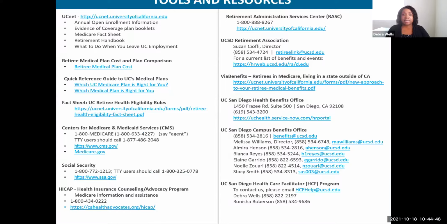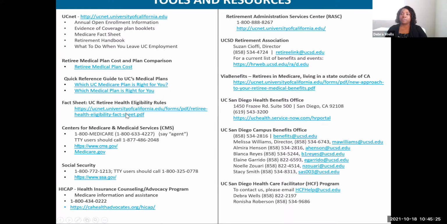And then lastly, there is this tools and resources page. I've listed UCNet, where you can find your annual open enrollment information, evidence of coverage booklets, and your retirement handbook. We have a link to the retiree medical plan cost and comparison here. A quick reference guide shows which Medicare plan is right for you, or Medicare and family members, and which medical plan is right for your non-Medicare family members.